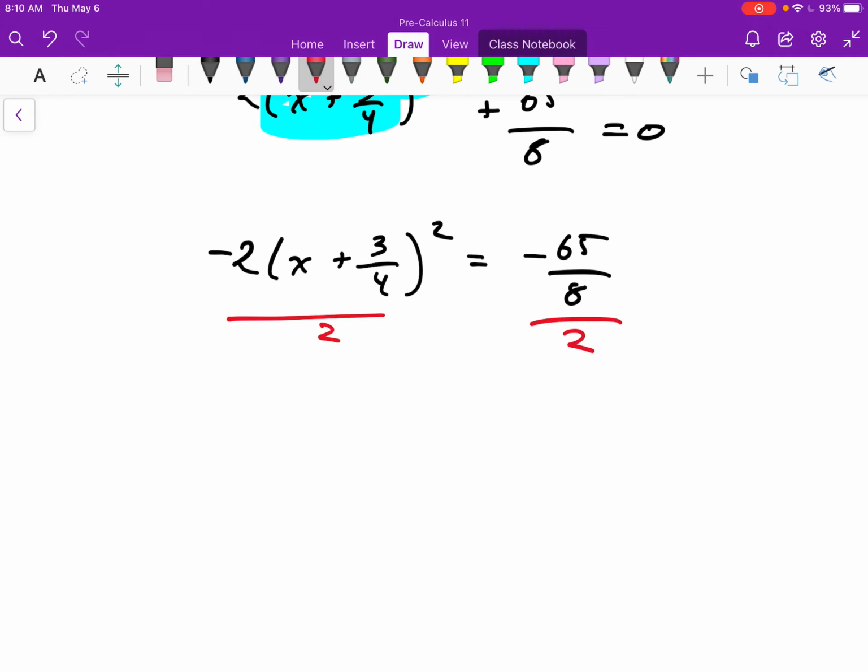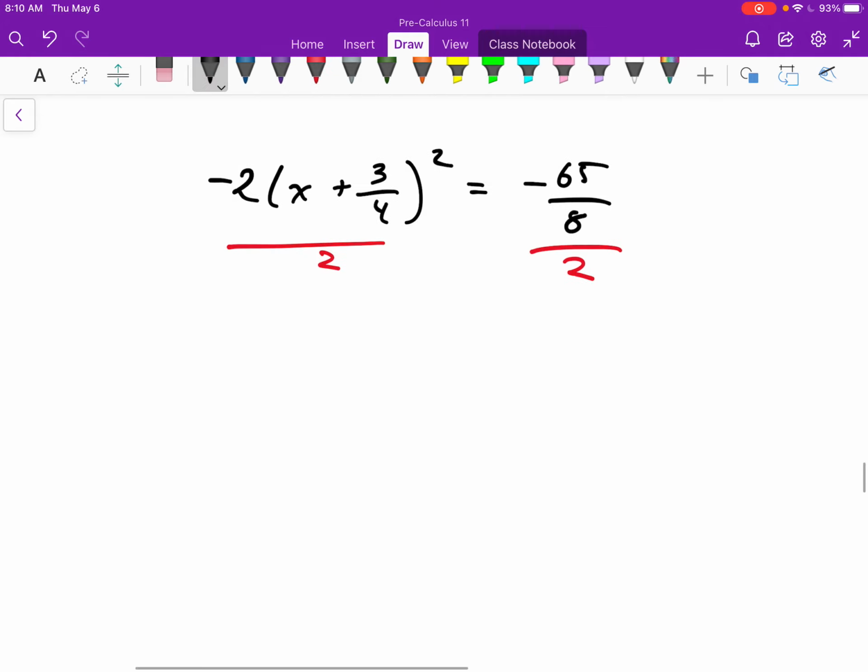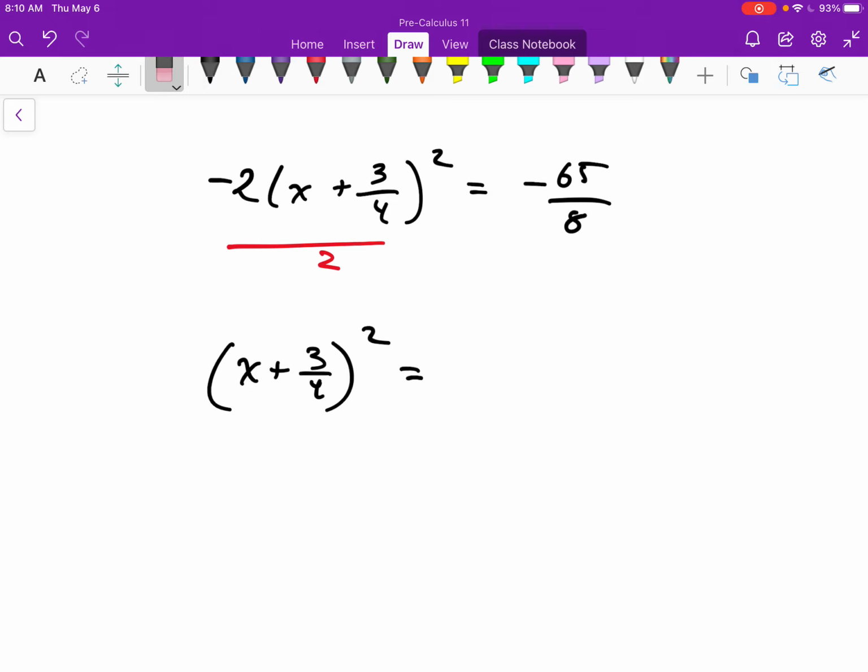Now again, the left-hand side's fairly nice, but on the right-hand side, division by 2, same as multiplying by 1/2, which is -65 over 16. Oh, sorry, I'm dividing by -2, though. So that negative will cancel out, so it'll be positive 65 over 16.